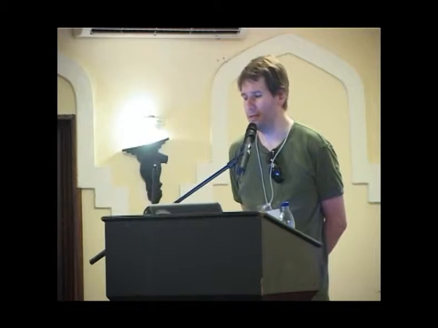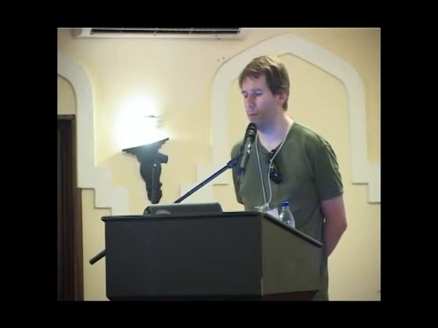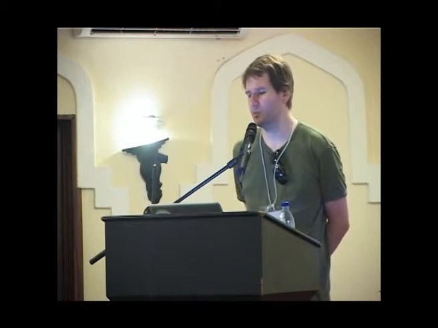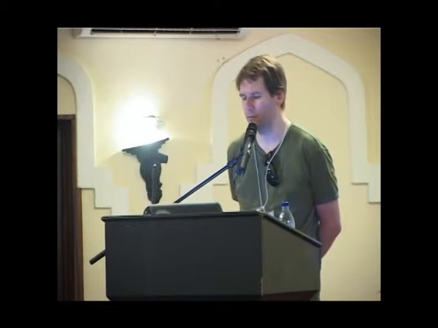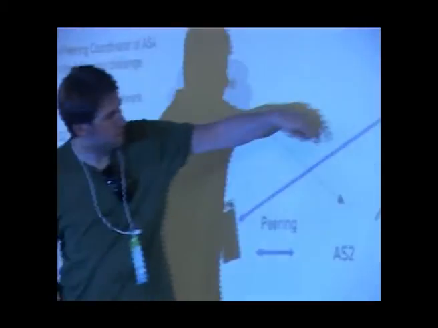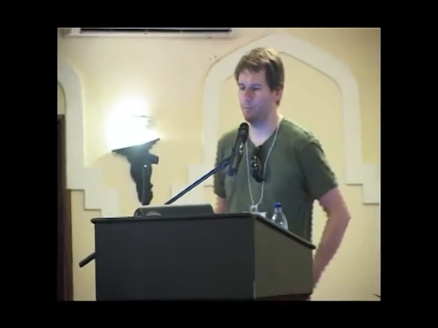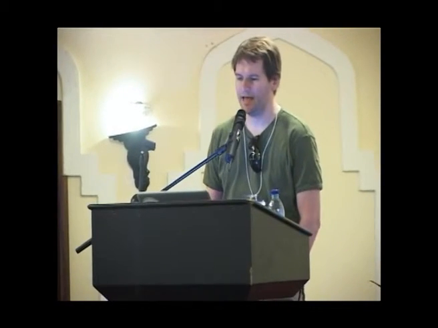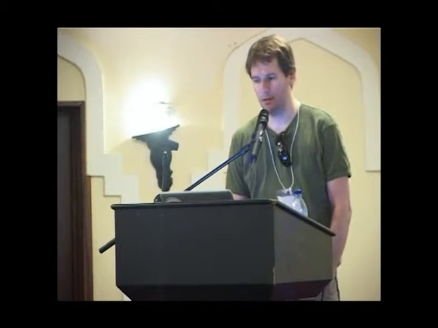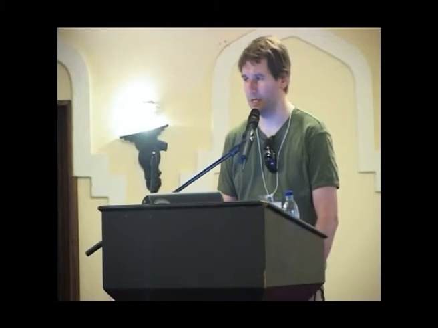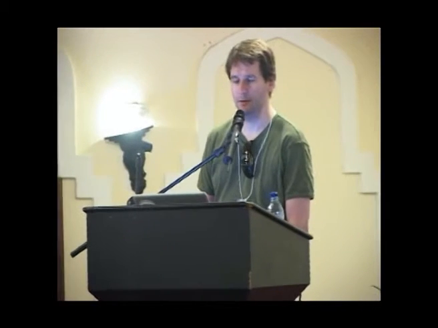And the problem is AS3 prefers the path via AS1 towards your network. That makes your transit link towards AS1 congested, and AS2 to AS4 is almost empty. You have available capacity.